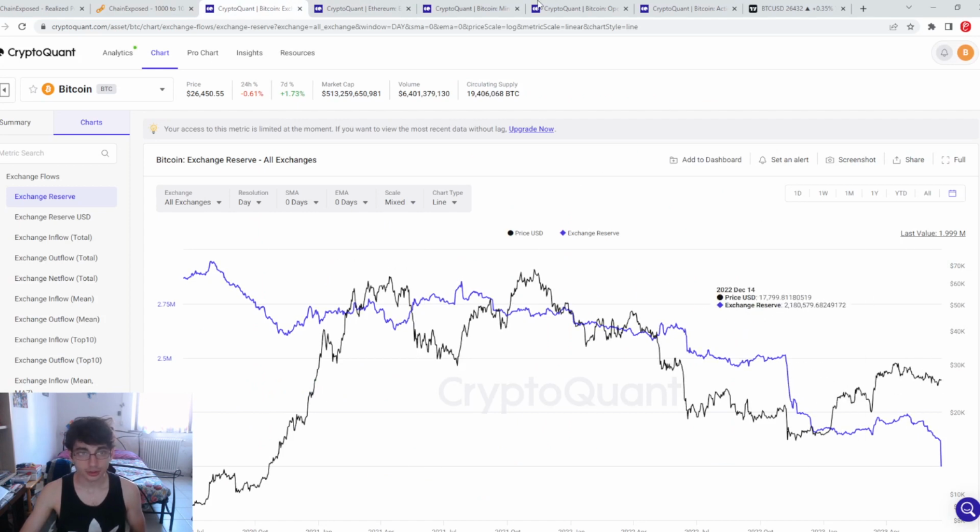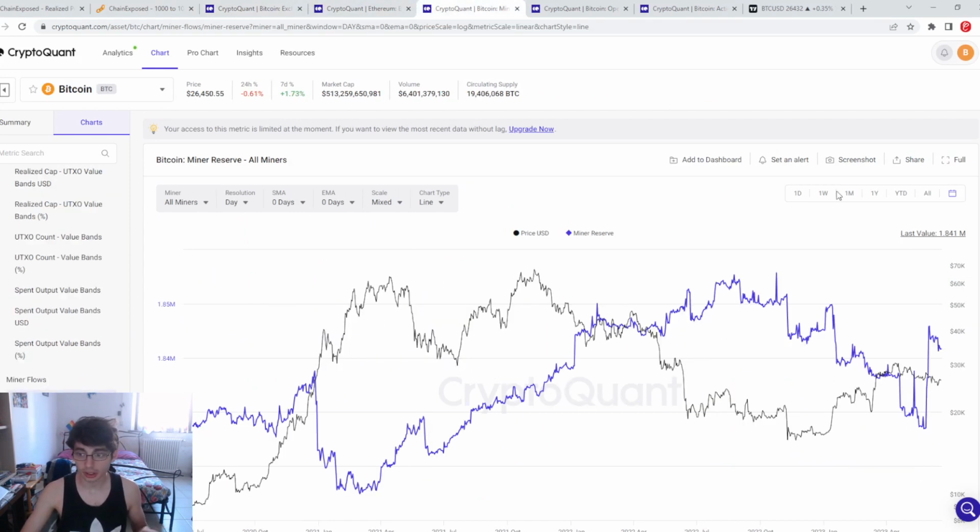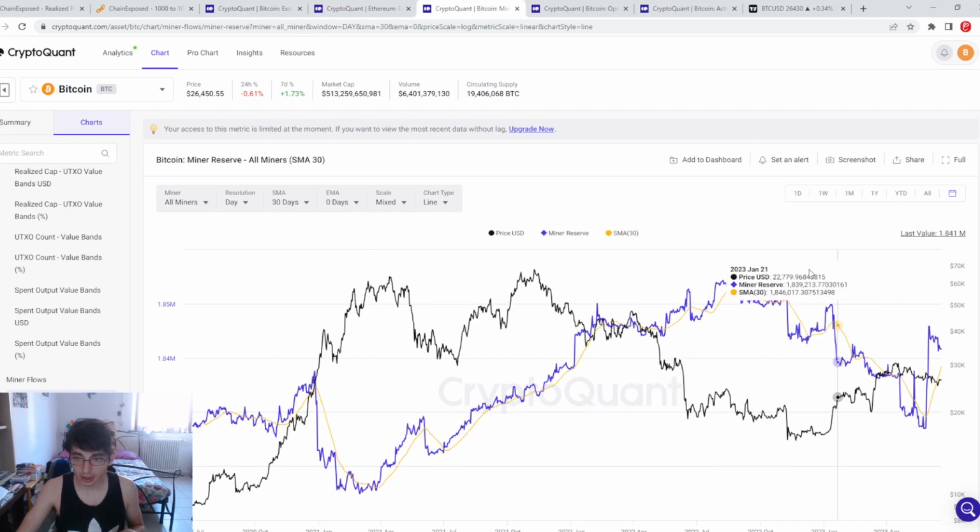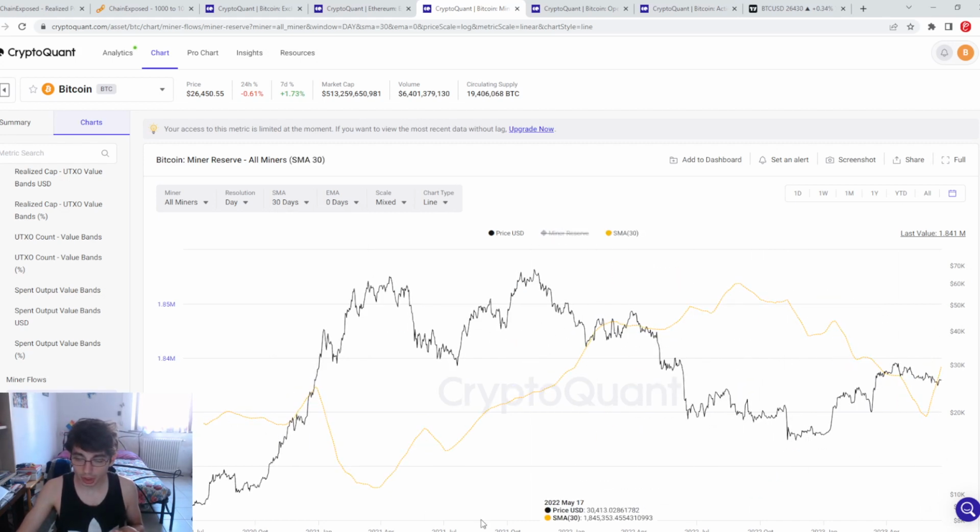We have exchange reserves falling, so a supply shock is imminent in a matter of years, and miners just do their things along the way. Even if we take a 30-day SMA, this moves a little bit more, and you see that there isn't really much happening, with more or less the same amount of supply as when we reached 25k. So there isn't really much to say.